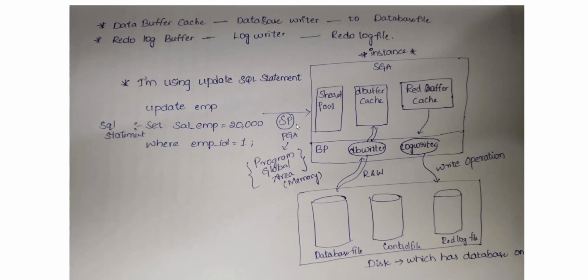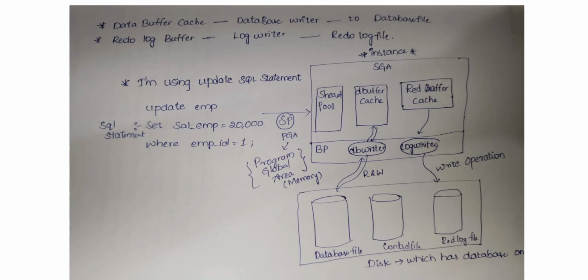Now the next question is, how frequently will this log writer write the records from the redo log buffer to the redo log files? The log writer will write the contents, that is, the records of the redo log buffer, to the redo log files whenever the buffer is one-third full, and it writes every 3 seconds.